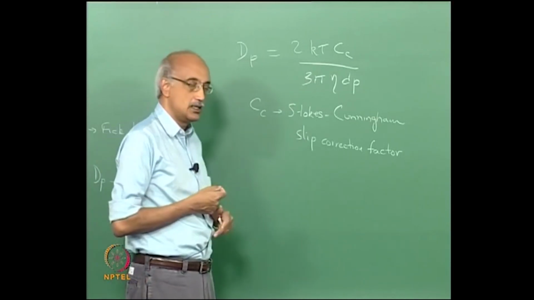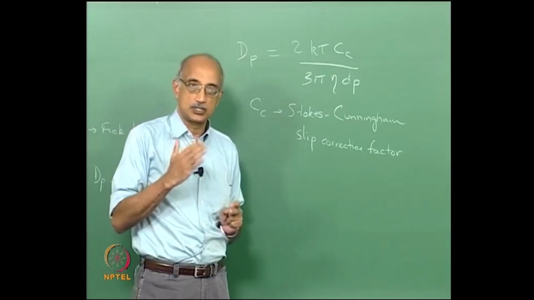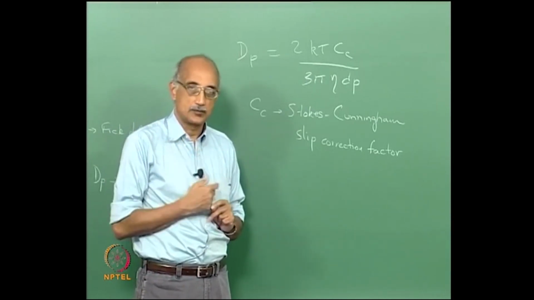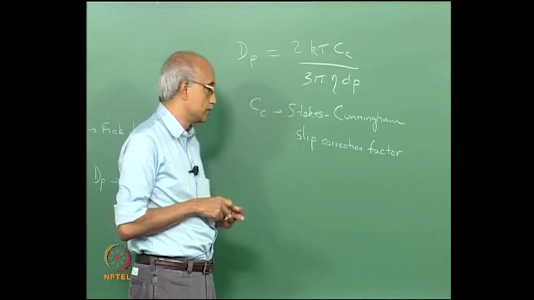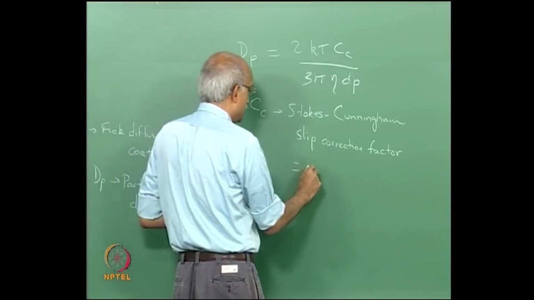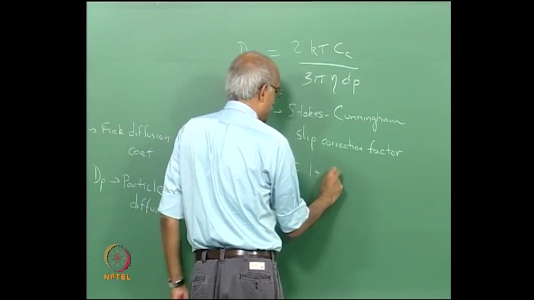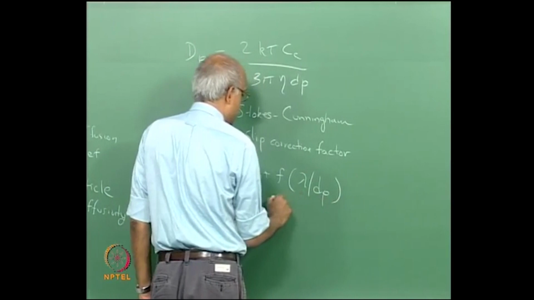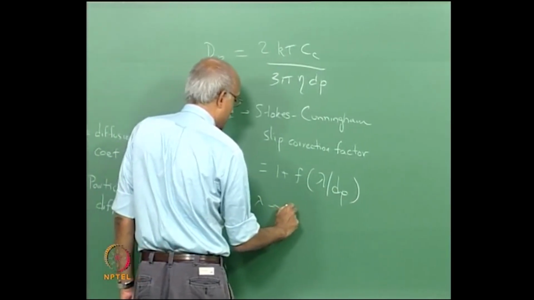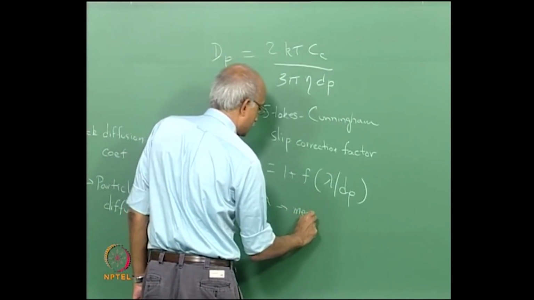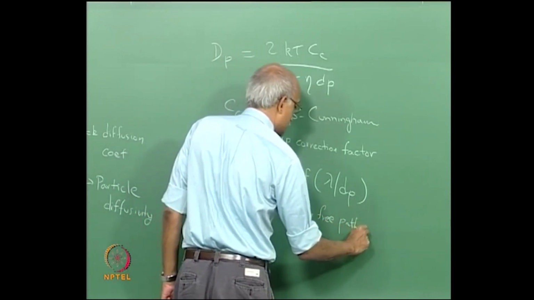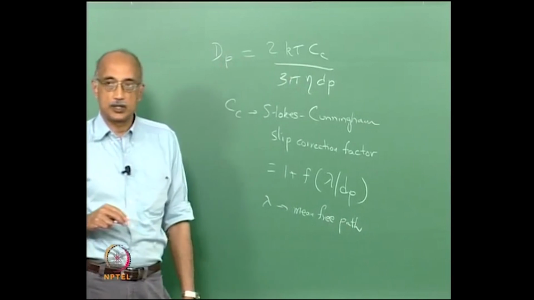So this Cc is a factor that has been developed essentially to correct for the fact that the continuum assumption is violated at the interface between the particle and the molecule, and it is equal to 1 plus a function of lambda over dp, where lambda is the prevailing mean free path and dp is the particle diameter.